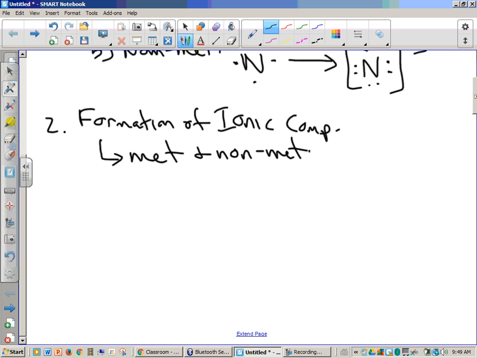Let's do calcium with its 2 dots coming together with bromine and its 7 dots. And what am I going to need in order to take care of all of calcium's electrons? Yep. I'm going to need another bromine.